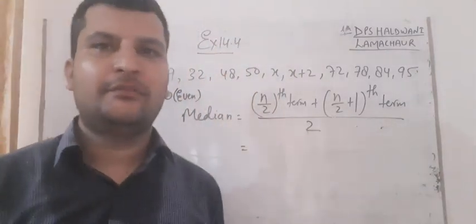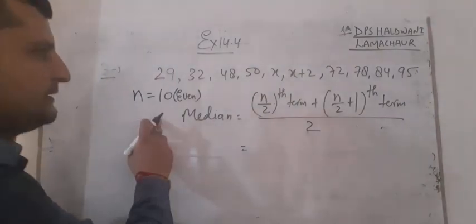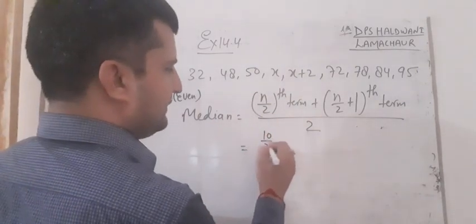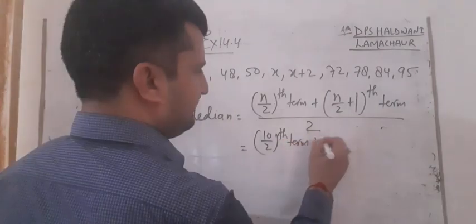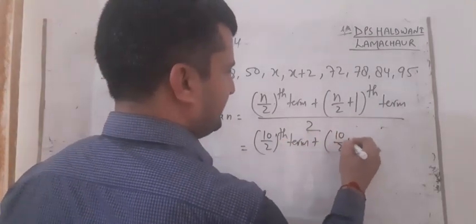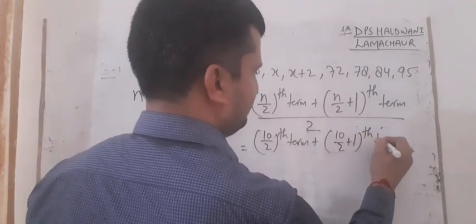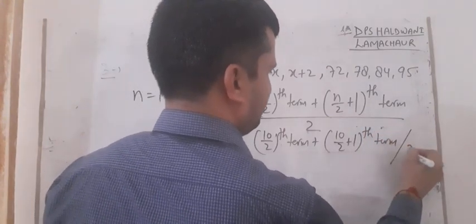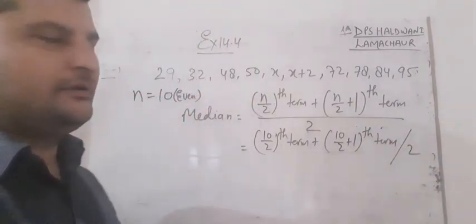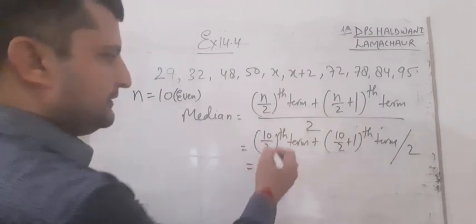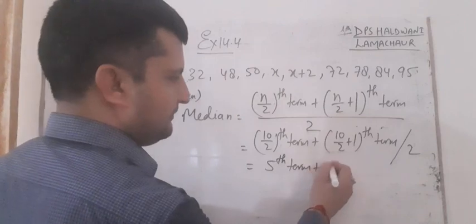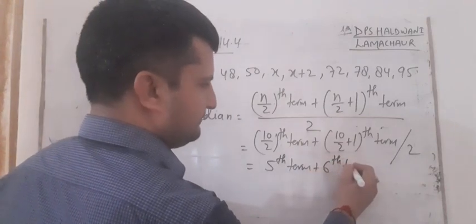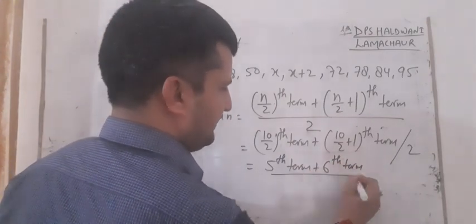Here n is 10, so we can write it as 10 upon 2th term plus 10 upon 2 plus 1th term, whole divided by 2. So 10 upon 2th term is the 5th term, plus the 6th term, divided by 2.